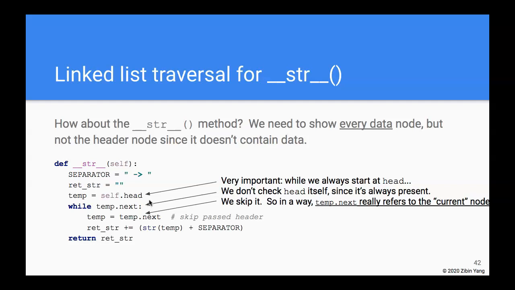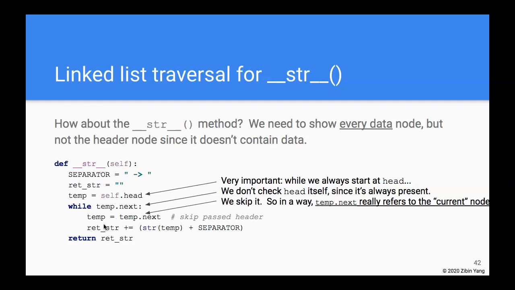However, the difference here is that when we start from the head, we don't really check if temp or the head is not none, because we know it's not none, because the head is always there. So rather than saying while temp, we'll say while temp.next. So it's going to start with the first node that holds the data. So here you can think of temp.next as really the current node.